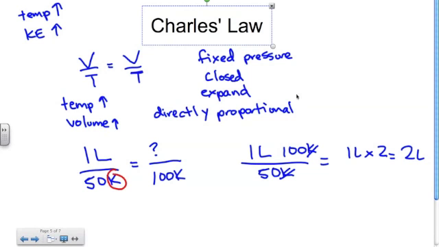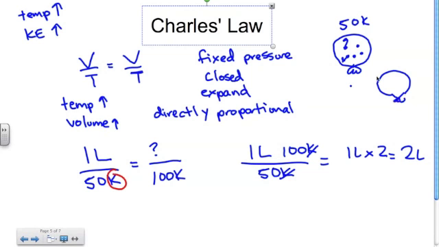The reason for this, again, let's take our balloon because it easily expands or contracts. If we have our 5 particles that are moving at a certain speed at 50K, but we increase the temperature, then those particles, since they're moving faster, will be hitting the sides of the container more often.